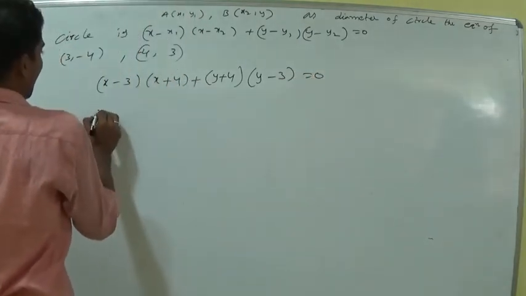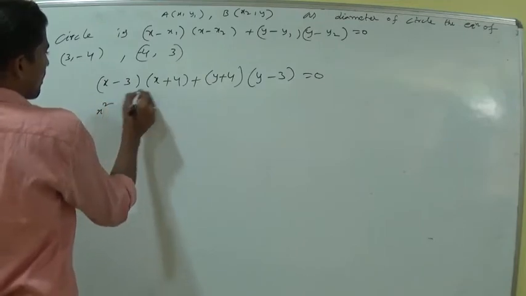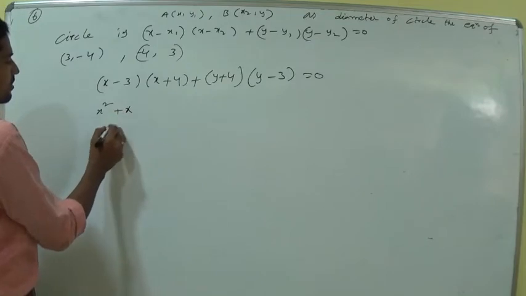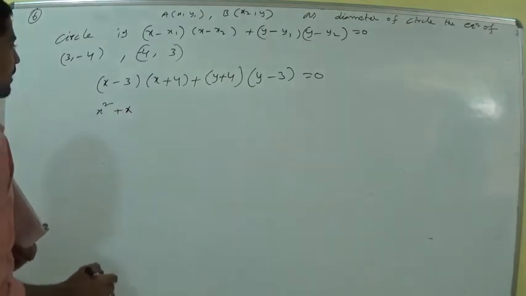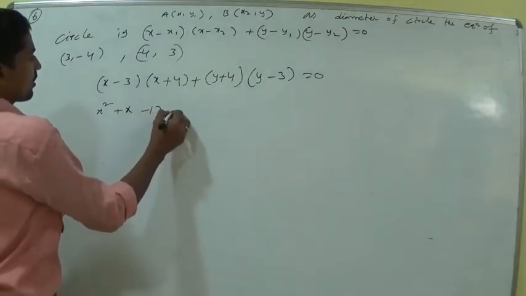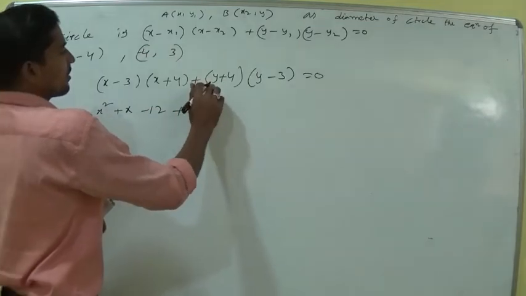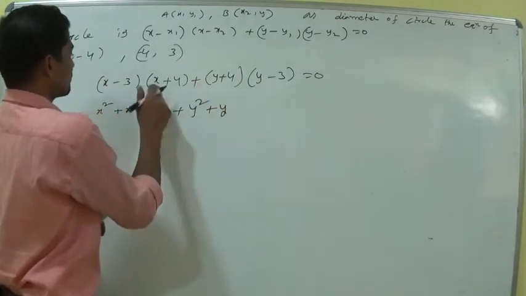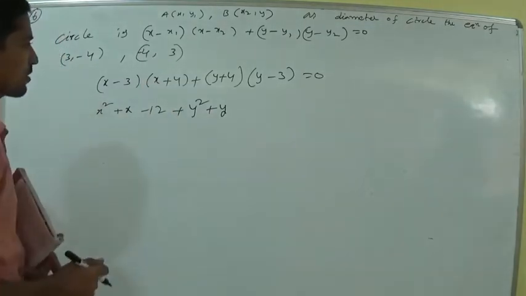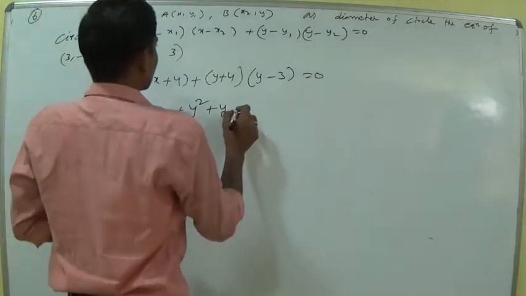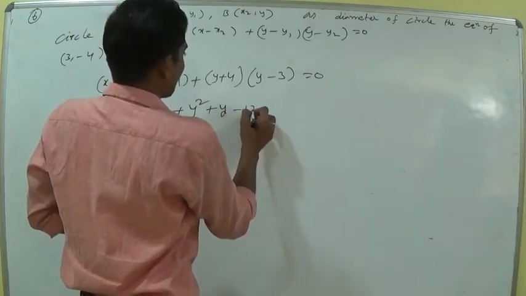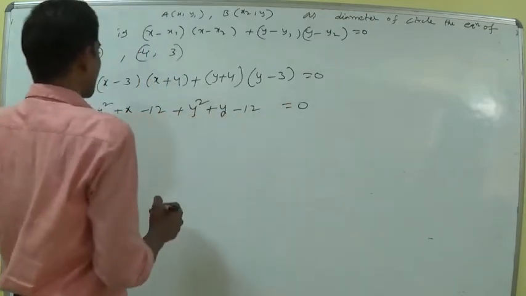So x square plus 4x minus 3x, that is x, minus 12, plus y square minus 3y plus 4y, that is y, minus 12 equal to 0.